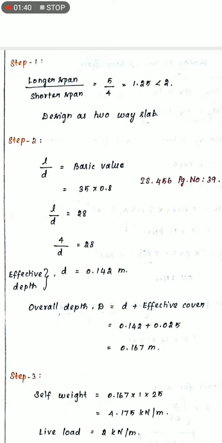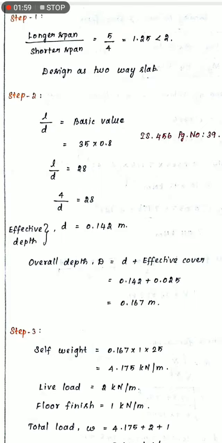You read very carefully: that is mentioned as the L by D basic value as 35 into 0.8 for deformed bars. Therefore, the effective depth value is 0.142 meter.